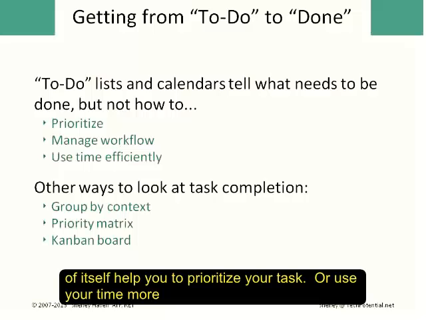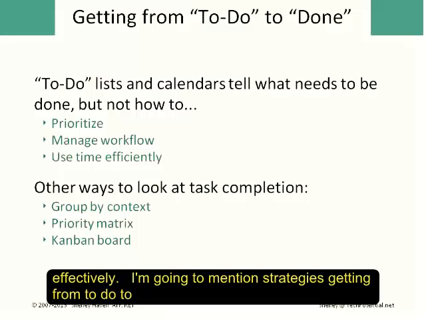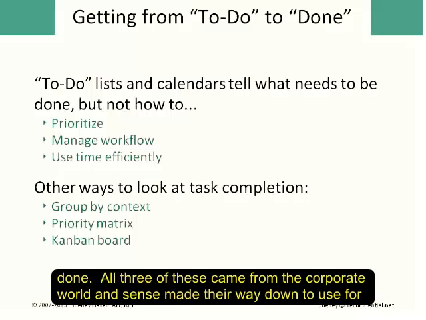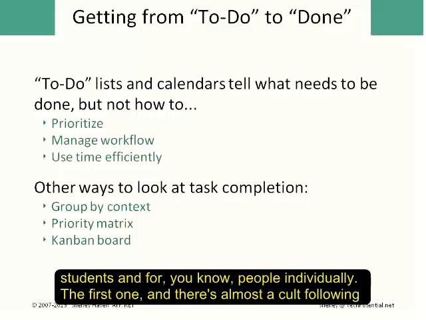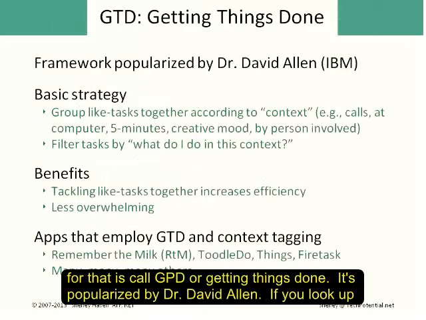So I'm going to mention 3 different strategies here for getting from to-do to done. And interestingly, all 3 of these strategies actually came from the corporate world and have since made their way down into use for students and for people individually.